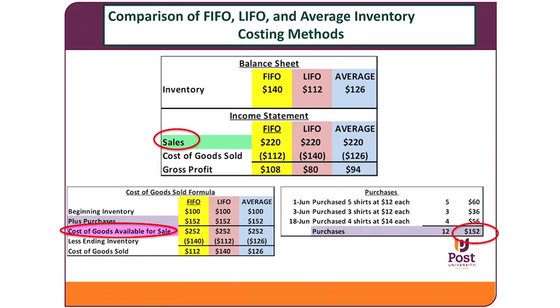The cost of goods available for sale is the same at $252. Now we get to the difference. The difference is caused by how we allocate the goods available for sale into cost of goods sold or ending inventory. Note how this affects our profit.